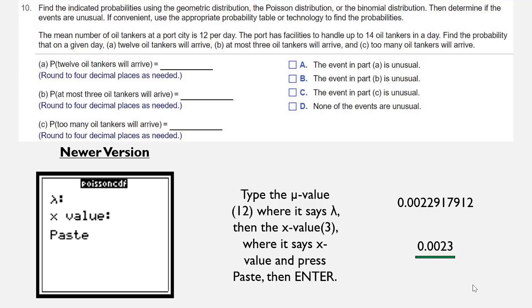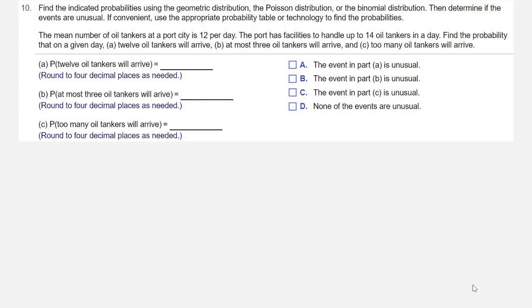For part C, what's the probability that too many oil tankers arrive? Well, let's read back up in the statement of the problem. It says the port has facilities to handle up to 14 tankers in a day. Too many arriving would be the probability that more than 14 arrive, because it can handle 14.